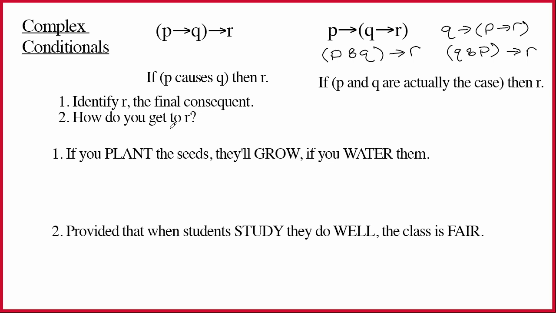Okay, this says if you plant the seeds, they'll grow if you water them. If I reduce this to the important stuff, which are the logical words, the capital letters, and the punctuation, I get the following: if P, G, if W.